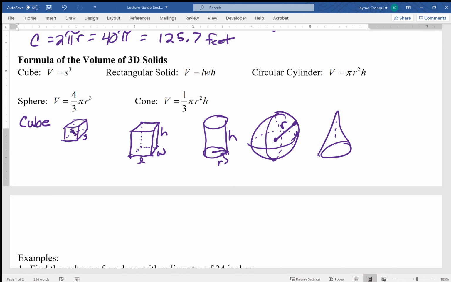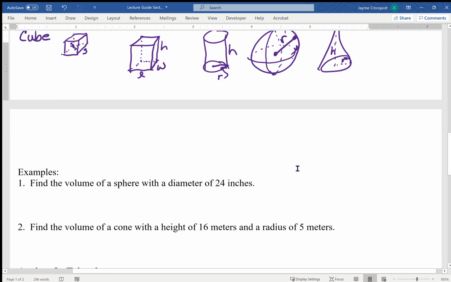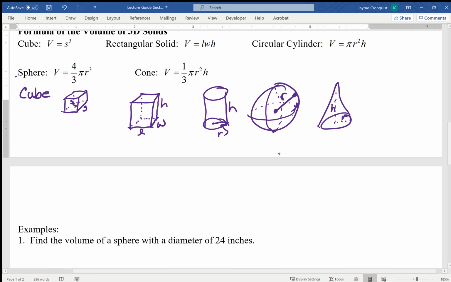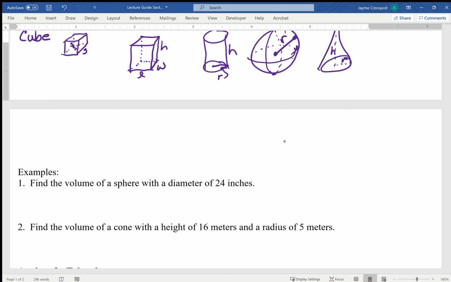It has a height and a radius. Okay, now you kind of get an idea of where all these numbers are. All right, so let's look at this. Find the volume of a sphere with a diameter of 24 inches. So sphere is 4/3 pi r cubed. Nope, not area. Volume.